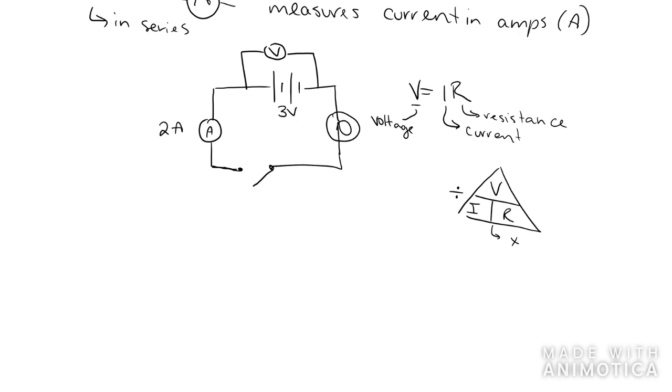So for this one, if we have V equals IR, and we're looking for R because we have V and we have I, R is going to be V divided by I, which is 3 volts divided by 2 amps, which gives us our resistance. So 3 divided by 2 is 1.5, and the symbol for resistance is actually called ohms, and it looks like that.